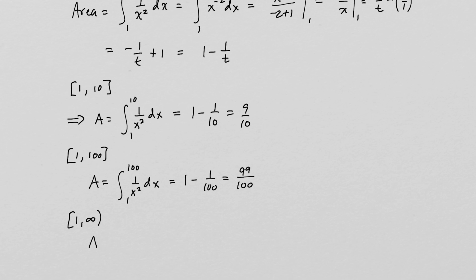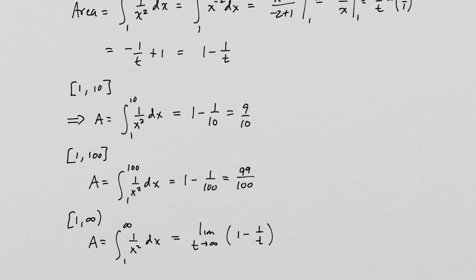Well, that area would be the integral from 1 to infinity of 1 over x squared dx. And if you think about it, this would be the limit as t goes to infinity of the expression 1 minus 1 over t, right? I mean, that makes sense because, again, we know the area from 1 to any value of t is 1 minus 1 over t.